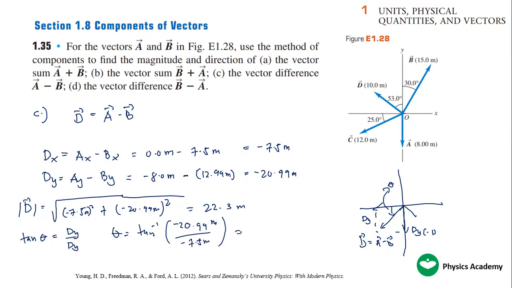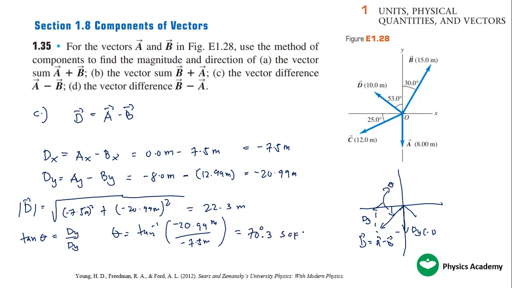So shift tangent, negative 20.99 over negative 7.5. So we have the angle theta of 70.3 degrees.